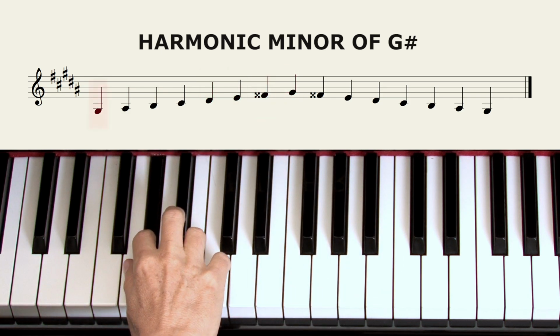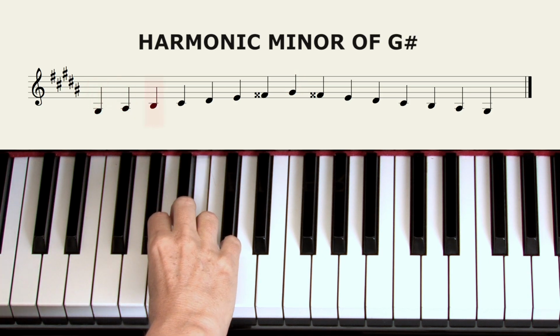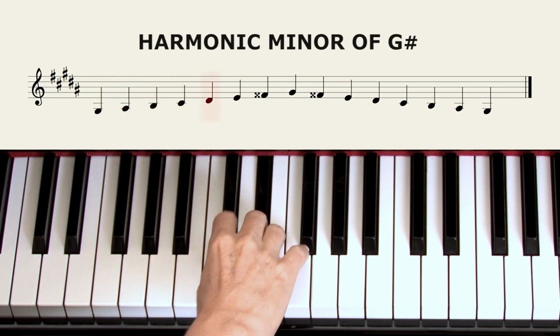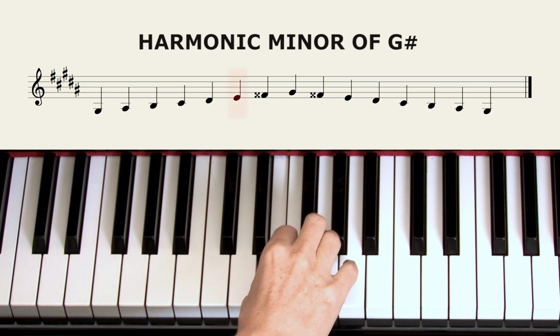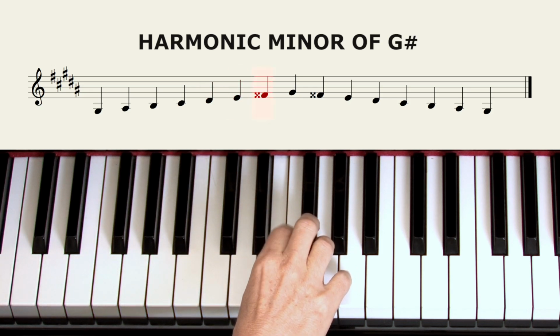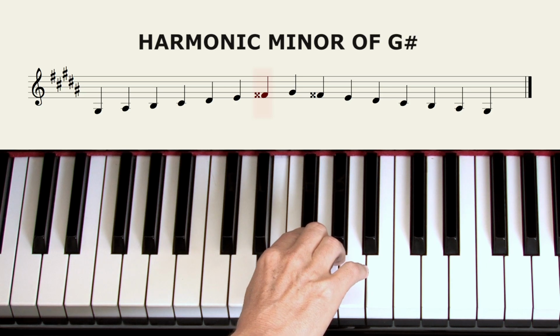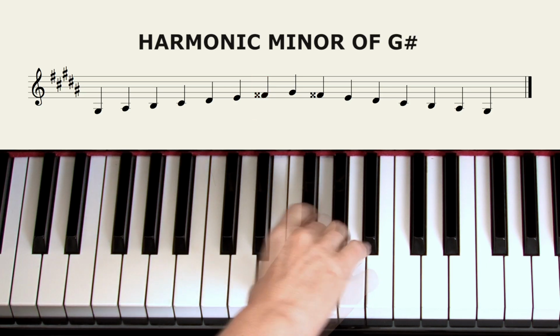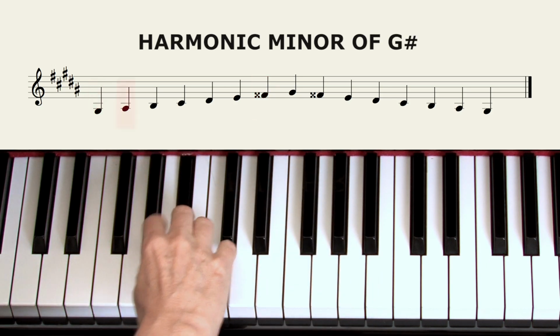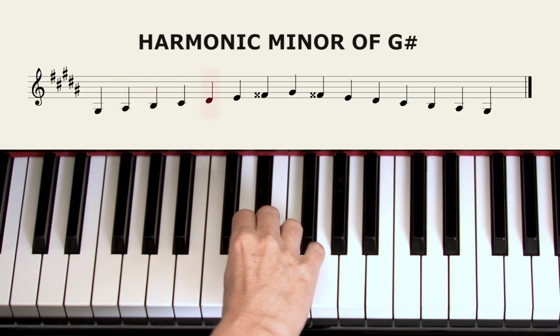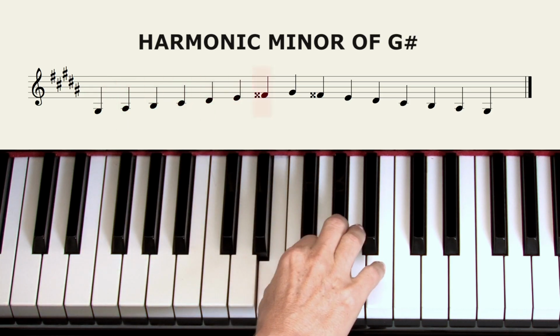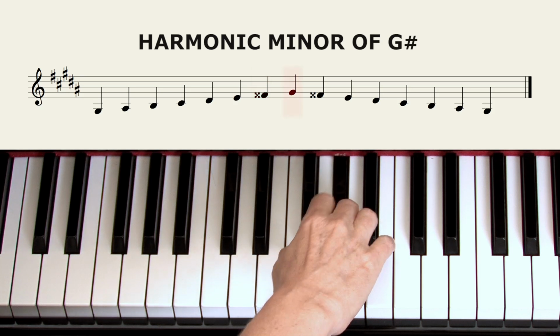So we have G sharp, A sharp, B, C sharp, D sharp, E, and then we want to sharpen the 7th note, which is actually F sharp already. How do we do that? We have to sharpen it again, and it becomes what we call a double sharp. So we then can go G sharp, A sharp, B, C sharp, D sharp, E, F double sharp, G sharp.